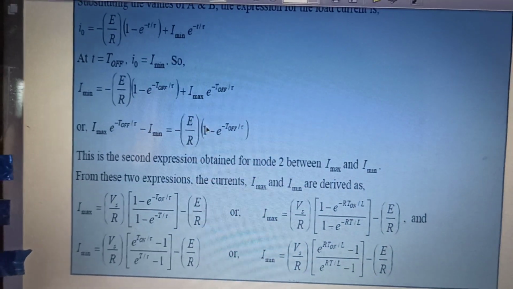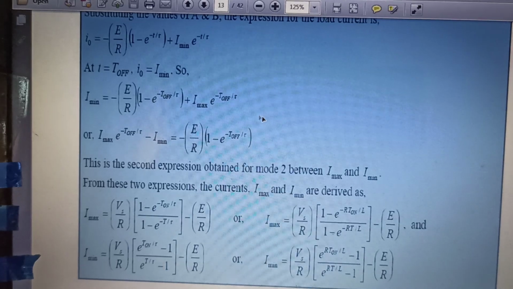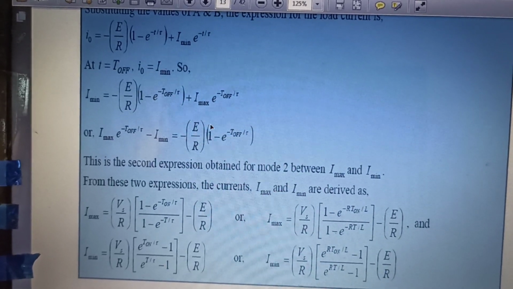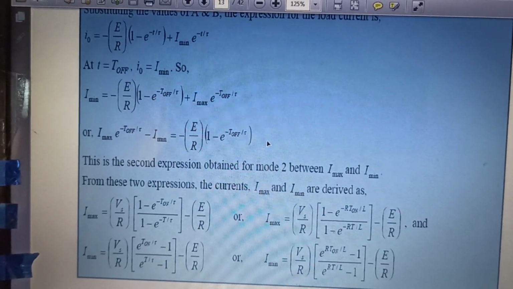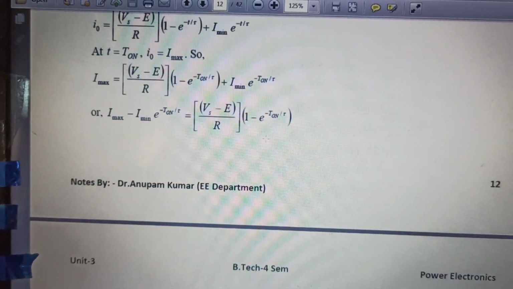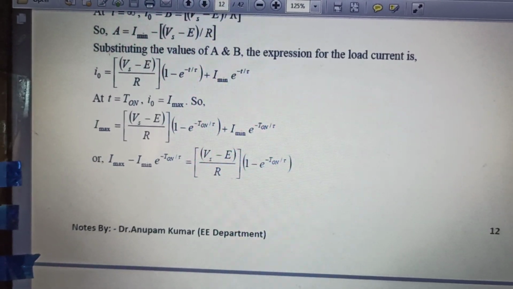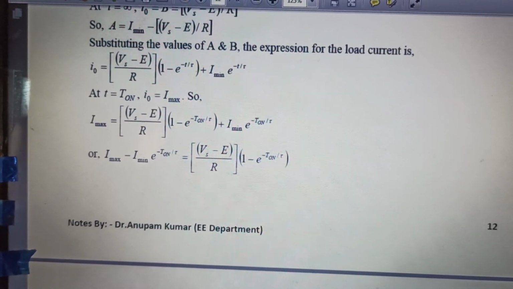So I had obtained two expressions. One is this part, and another is this part. Okay, I think it is quite clear.